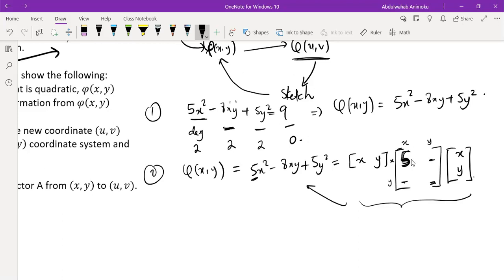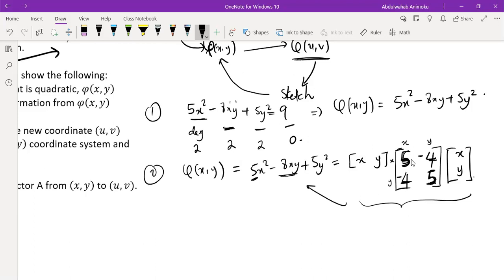The same for y squared, we put 5 here. For xy, we have only one term, minus 8xy. We divide it equally between both sides, so we have minus 8 divided by 2, which is minus 4 here, and the same thing here, minus 4.